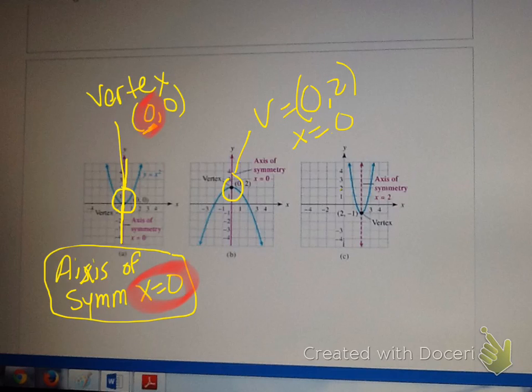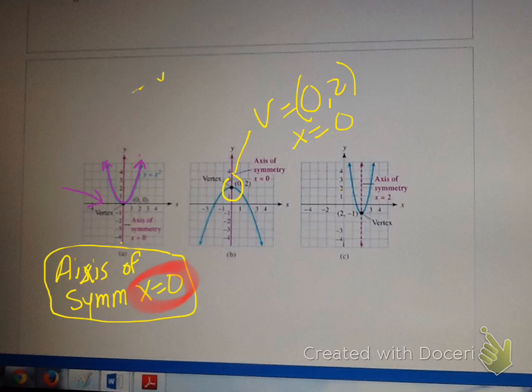So on this one, I might as well teach you this as we go too. This one is facing up, right? The whole parabola. This parabola is facing up. And one of the other things that you have to name from a parabola is whether it's a minimum or maximum.